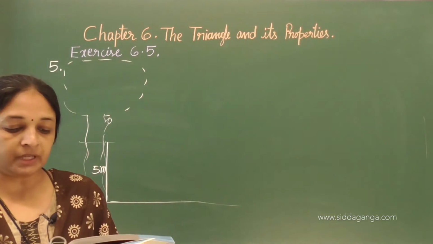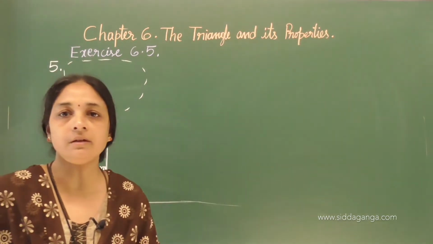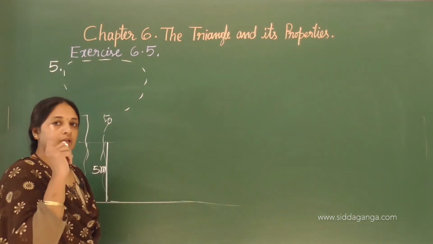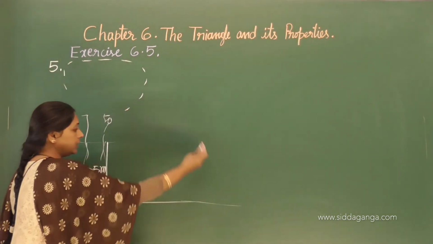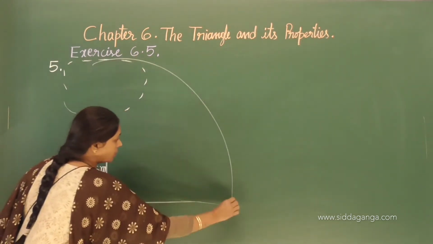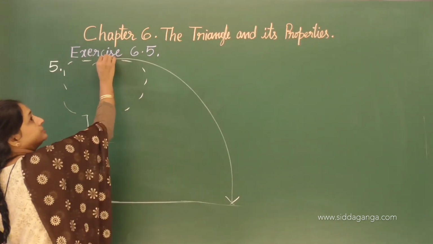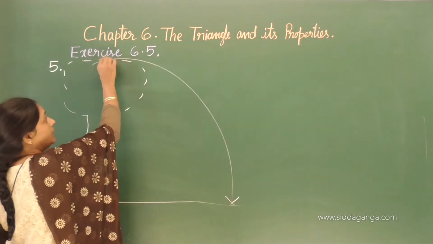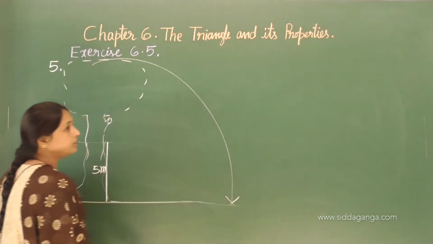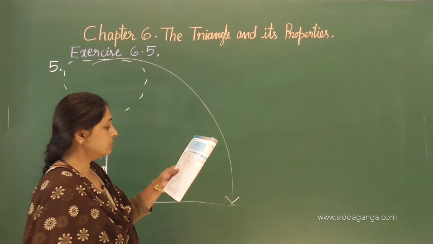And its top touches the ground at a distance of 12 meters from the base of the tree. When it breaks, it falls down like this. And the tip of this tree touched the ground at a distance of 12 meters.